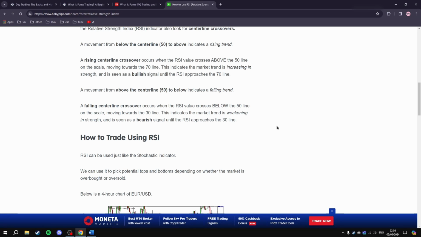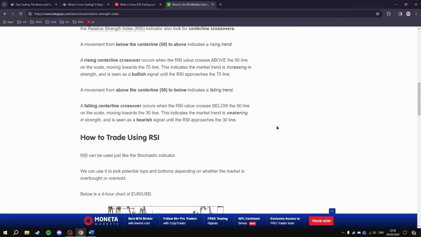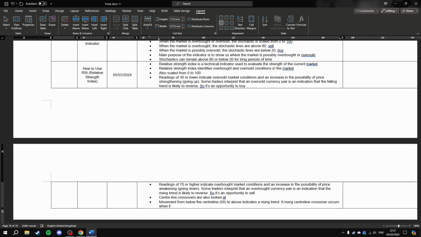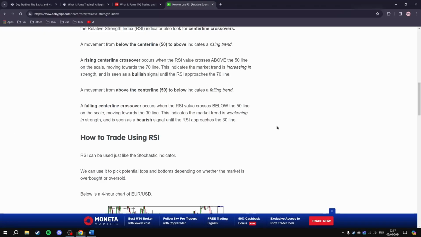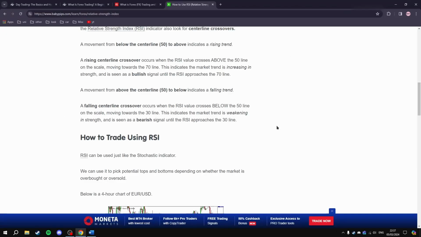A rising center line crossover occurs when the relative strength index value crosses above the 50 line on the scale, moving towards the 70 line.